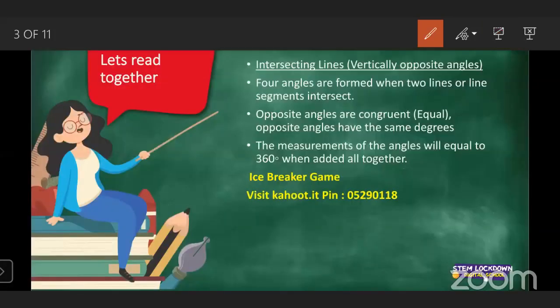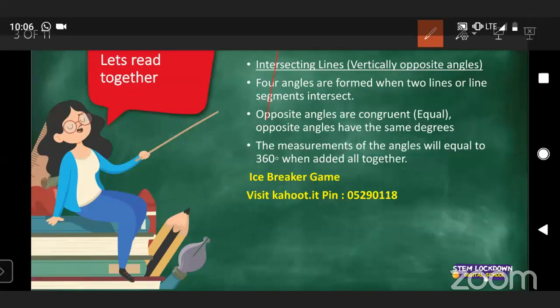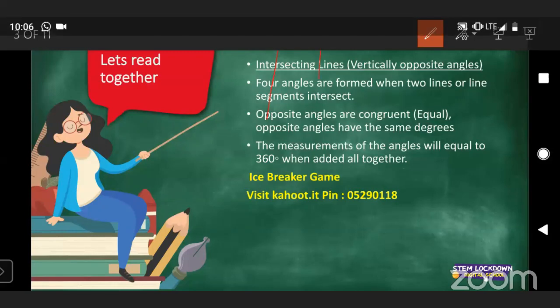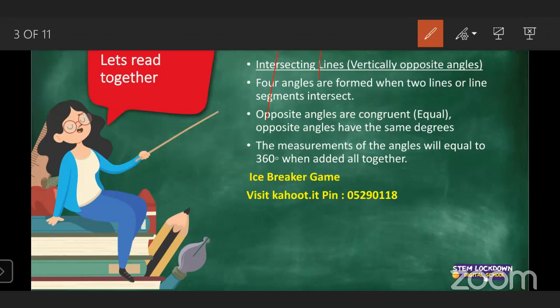Okay, so our icebreaker game of the day. Guys, can you please visit kahoot.it and then enter this pin, and then we'll play. I'm giving you 3 minutes, because each question takes 20 seconds and there are 9 questions, not 99 questions.